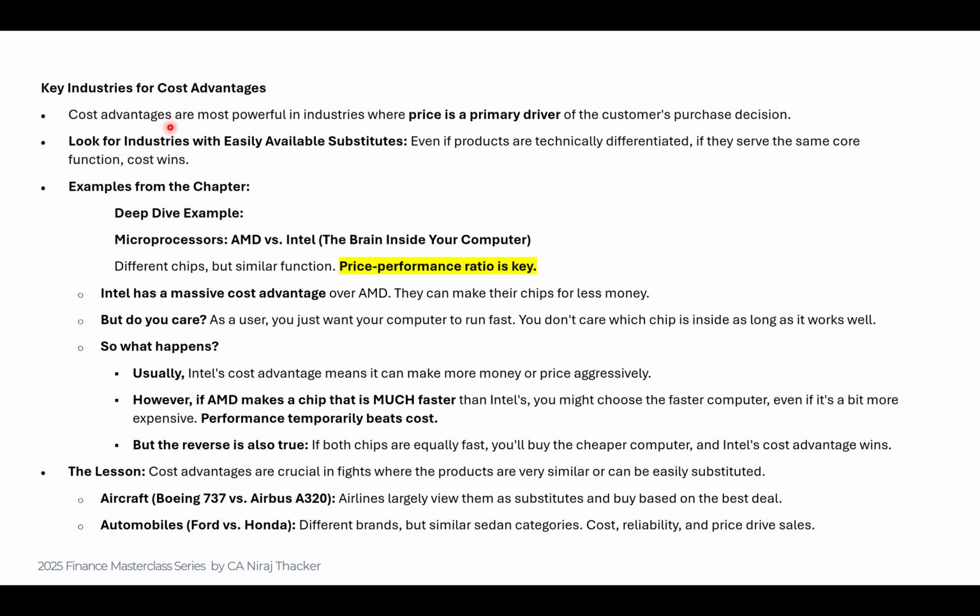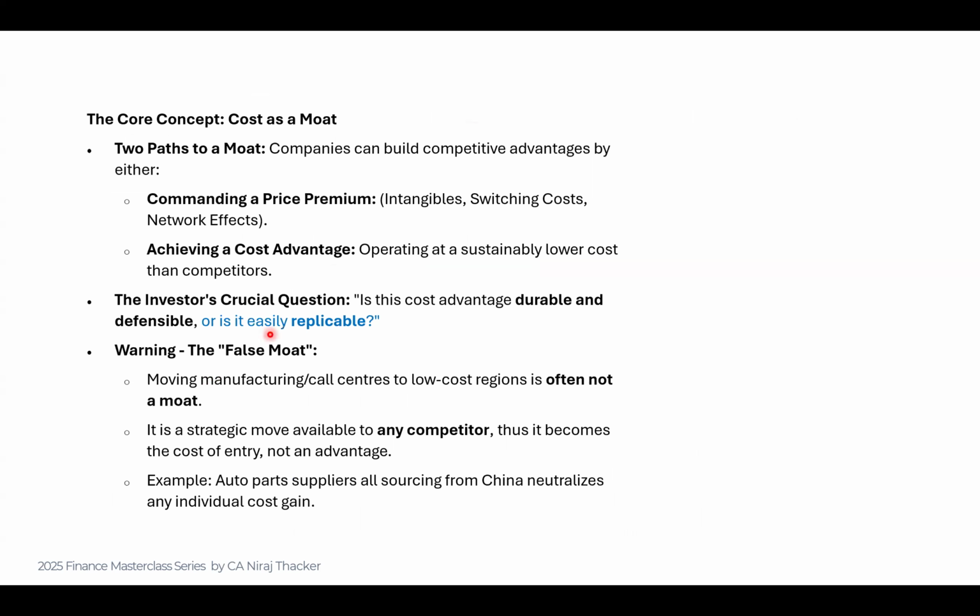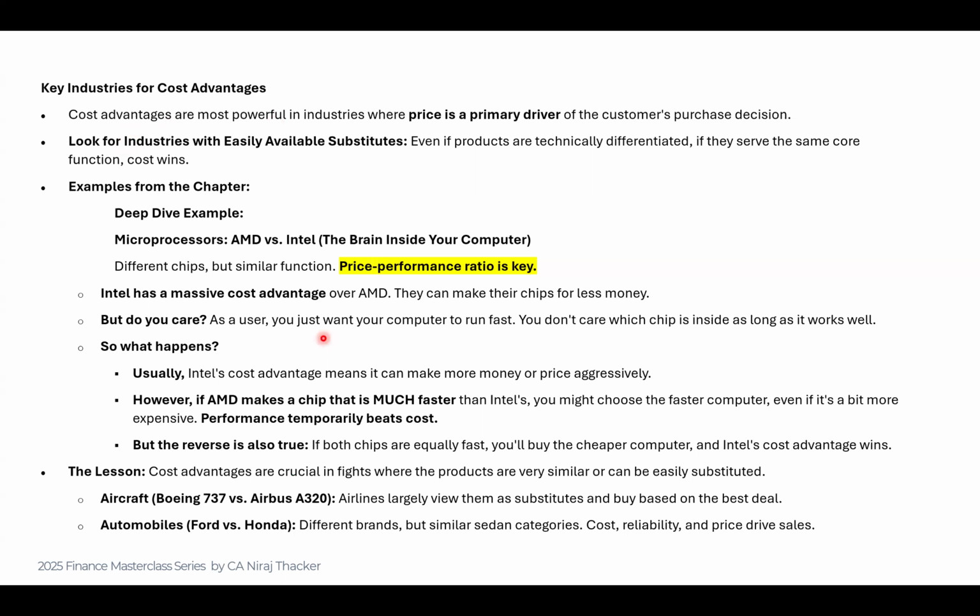Cost advantages are most powerful where price is a primary driver. So the first point is whether it is replicable or not. Second, what we have to keep in mind is that for the particular product we are analyzing, price should be a primary driver; then only it will make sense. If you're talking about luxury, price is not the primary driver.